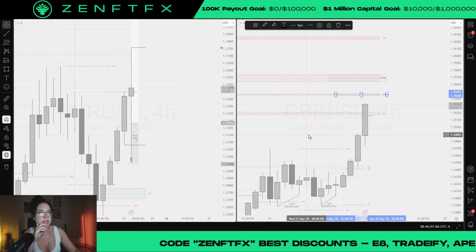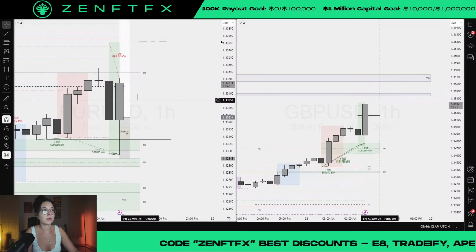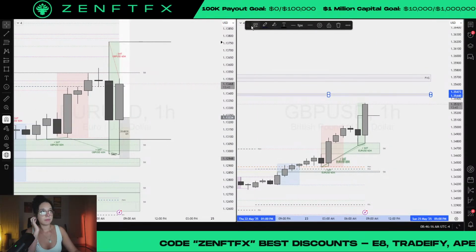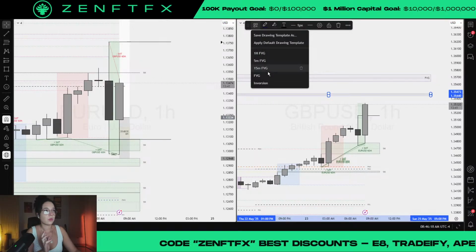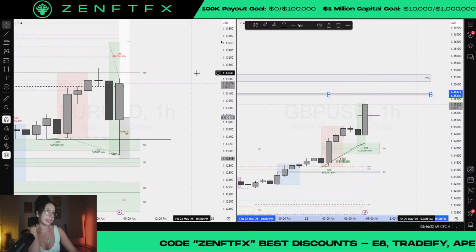Yeah, we formed, or are potentially forming, an hourly SMT, so that means that we might see a rejection. However, what I was going to say is that they're not coming out of any fair value gaps currently.